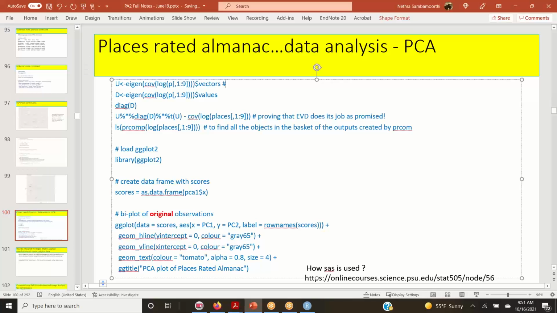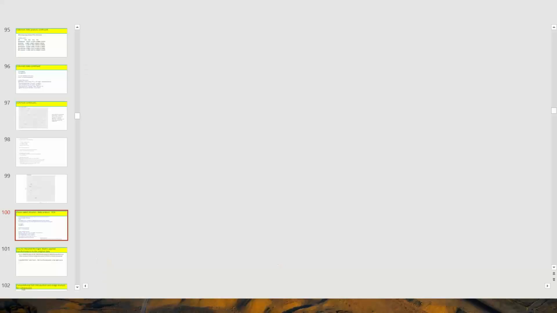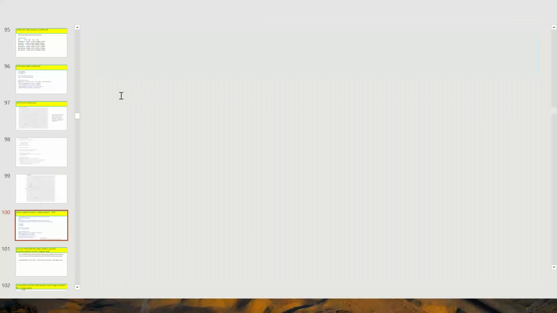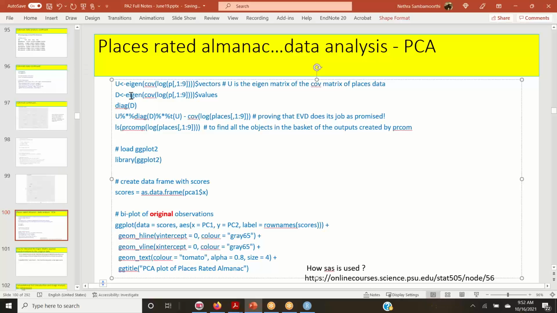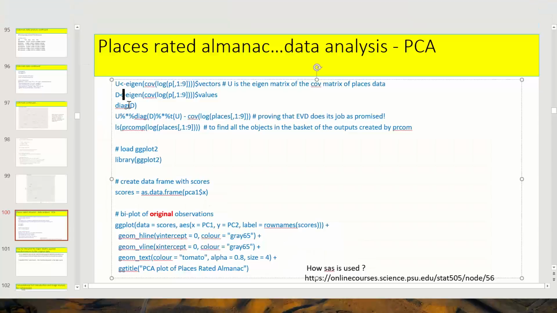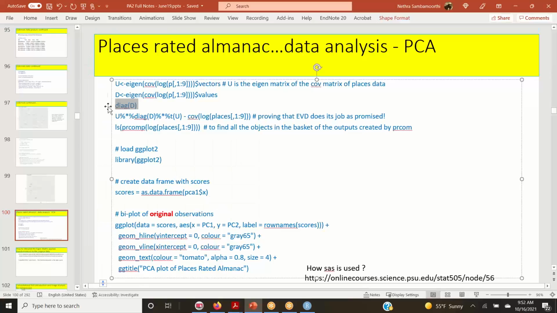So I'm going to write here, U is the eigen matrix of the covariance matrix of places data. And D is the eigenvalues. D right now is not diagonal. I make it diagonal subsequently. D is just a vector of eigenvalues.